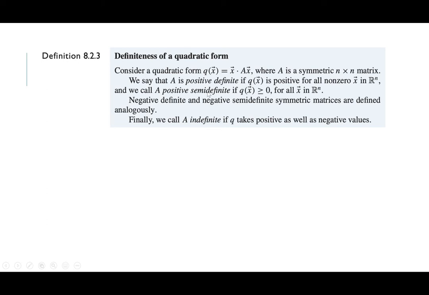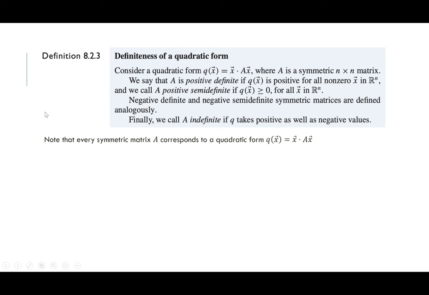A is positive semi-definite if Q of x is greater than or equal to 0 for all x. So this is really implying that there's some non-zero x that might also send you to 0, but otherwise you are going to be positive. And then similarly, you can define negative definite and negative semi-definite. And we'll say a matrix is indefinite if its quadratic form takes positive as well as negative values.